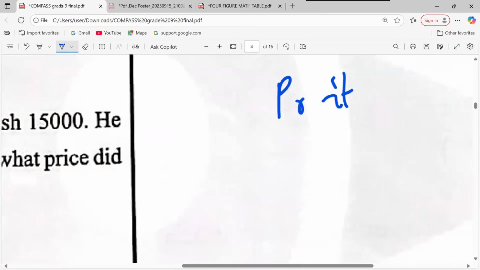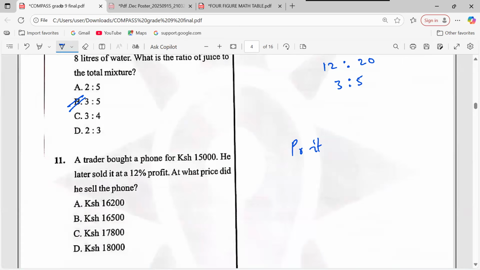percentage profit is usually given as the profit itself over buying price times 100%. So if the trader bought it at 15,000, then it means there is a certain percentage, 12%.